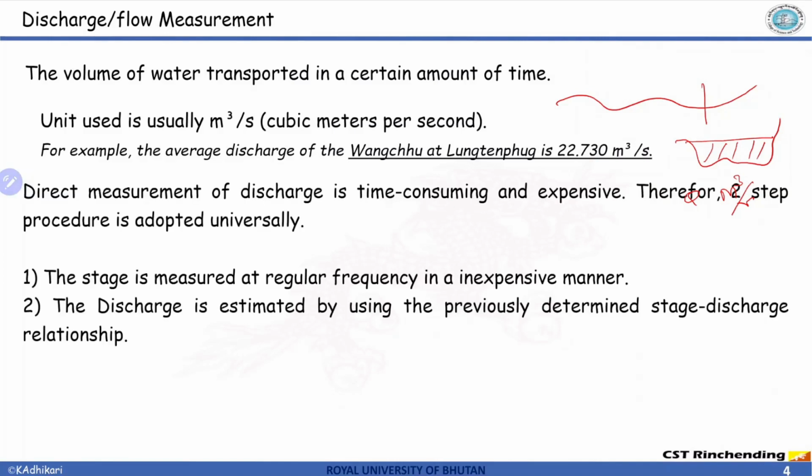And how do we do this measurement? Now we have discussed the direct method, we have also discussed the indirect method, and we have also mentioned other methods like the volume and time method and Manning's equation. Well, Manning's equation demands the flow to be uniform, which is not always the case, so let's discard that for now.